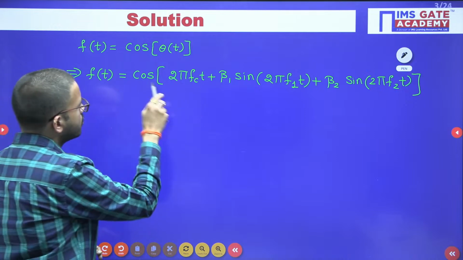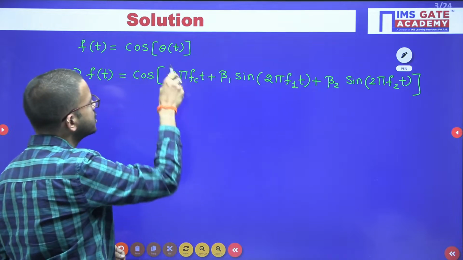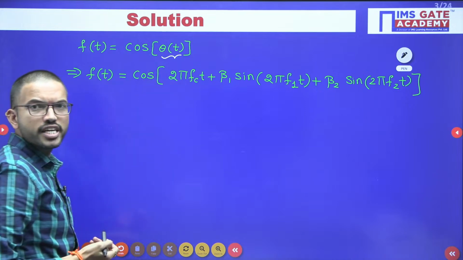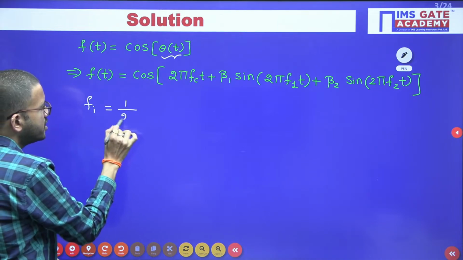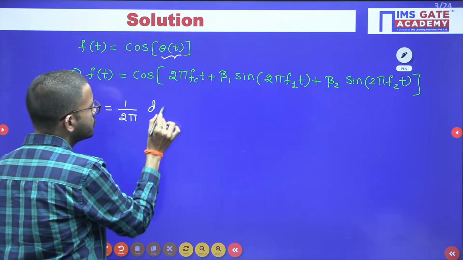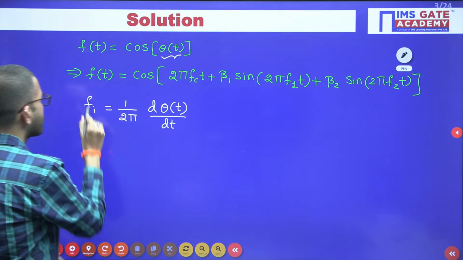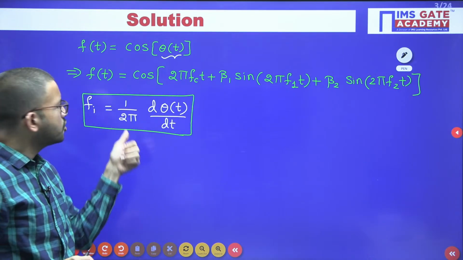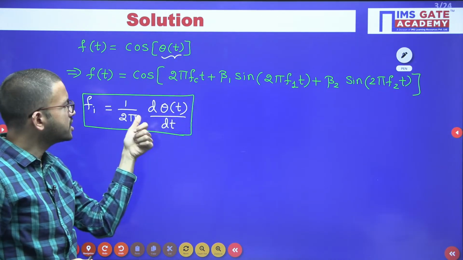Now, whatever entire term you have after cos, you can consider as theta of t. Once you have theta of t, you can calculate the instantaneous frequency using this formula, which I hope all of you are familiar with. Instantaneous frequency is equal to 1 by 2 pi into d theta of t by dt. Whatever theta of t you have, just differentiate with respect to time.